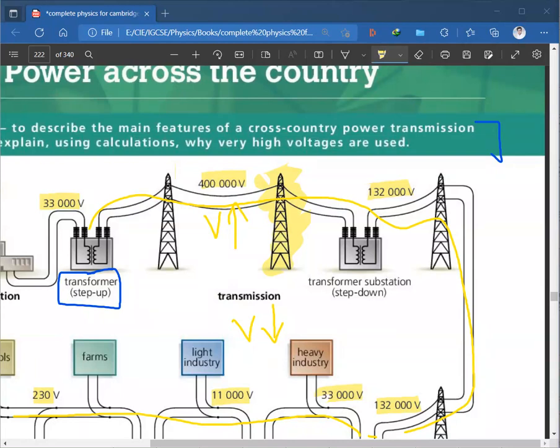Then this is connected downwards to another transformer, which is called a step down transformer. And then you have your house.